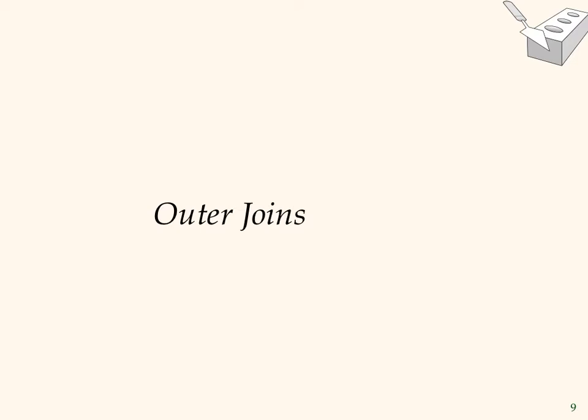So the next topic is how we can use null values to address a problem that often arises with joins. And so when you use null values in combination with joins like that, it's called an outer join.